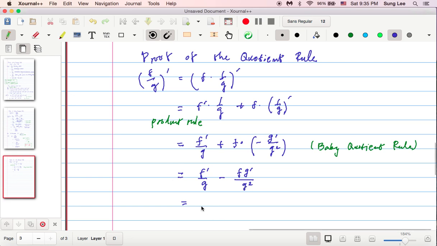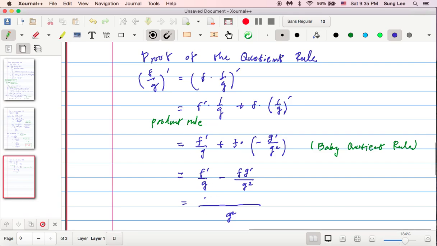So we are going to combine them into a single fraction. With the common denominator g squared, I have to multiply f prime by g, because you get g squared from multiplying g by g. So you have to multiply the same thing for the other term, g prime by the same thing, which is g.